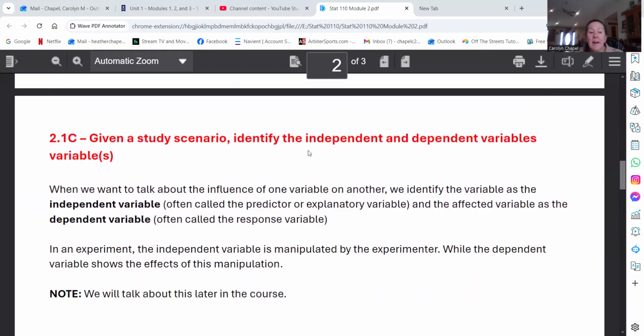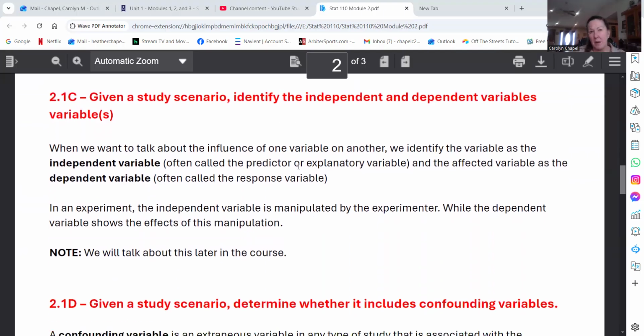So a lot of times when we're doing studies, we try to manipulate one thing and see how it causes something else to react. The thing that we are using as our manipulator, a lot of times we'll call that the independent variable, also the predictor, the explanatory variable. It's the one that's going to explain the responses.